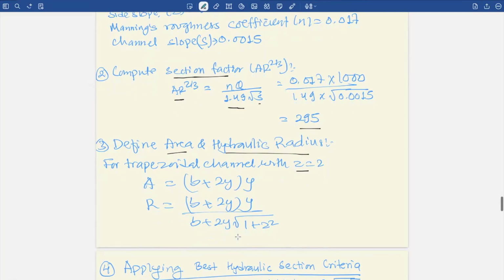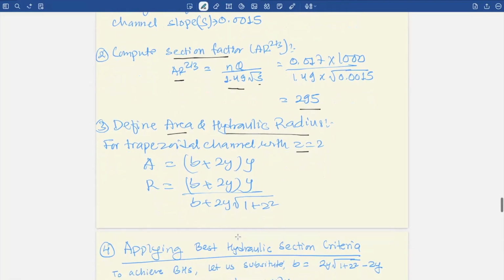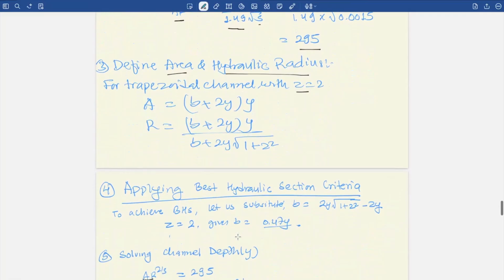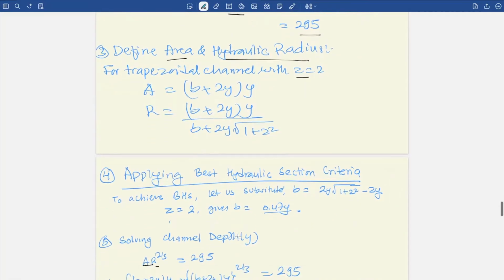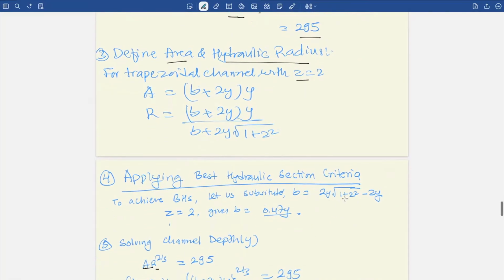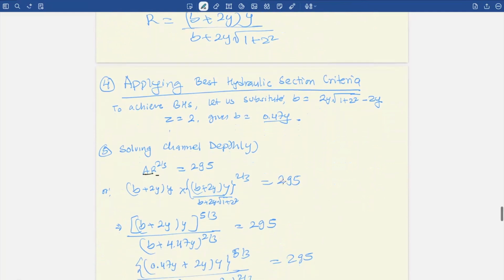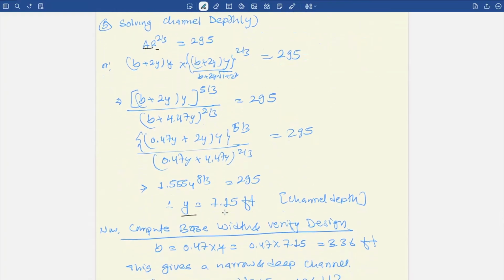It is the cross section that carries the most flow for the least wetted perimeter, essentially the most efficient shape for a trapezoid. This means b is equal to 2y root under 1 plus z square minus zy. So with our value of z equal to 2, this gives us 0.47, a narrow deep channel. And when we solve A R to the power 2 by 3 equal to 295, we will have y at 7.15 feet.